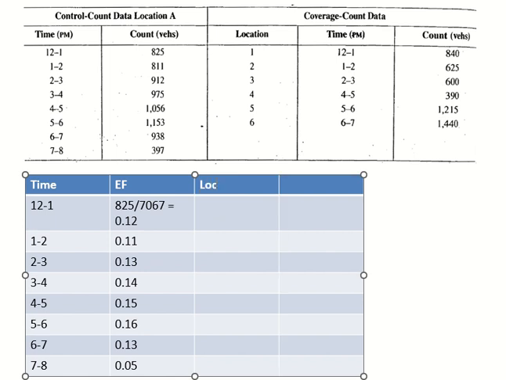Location 1. The data is taken between 12 to 1, right? How much is the data? 840. For this hour, what is the factor? 0.12. So this will give you the total for the 8 hours.